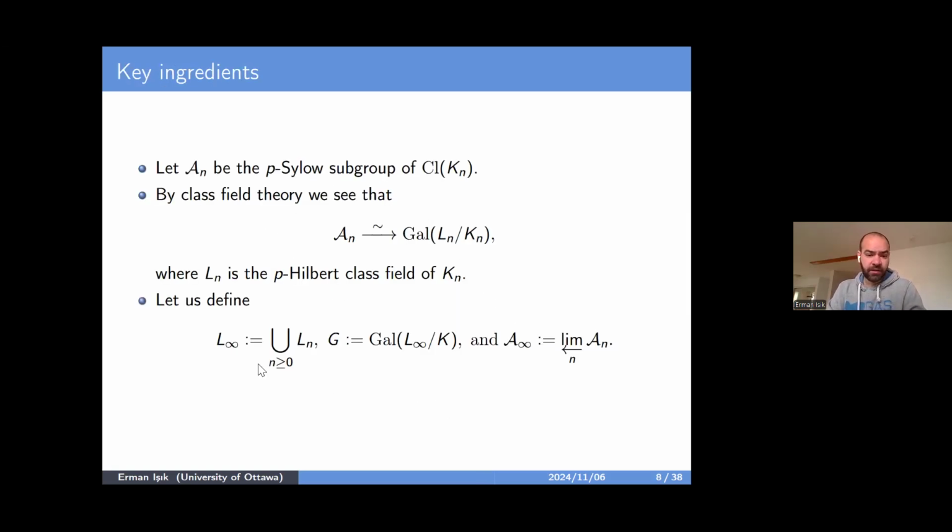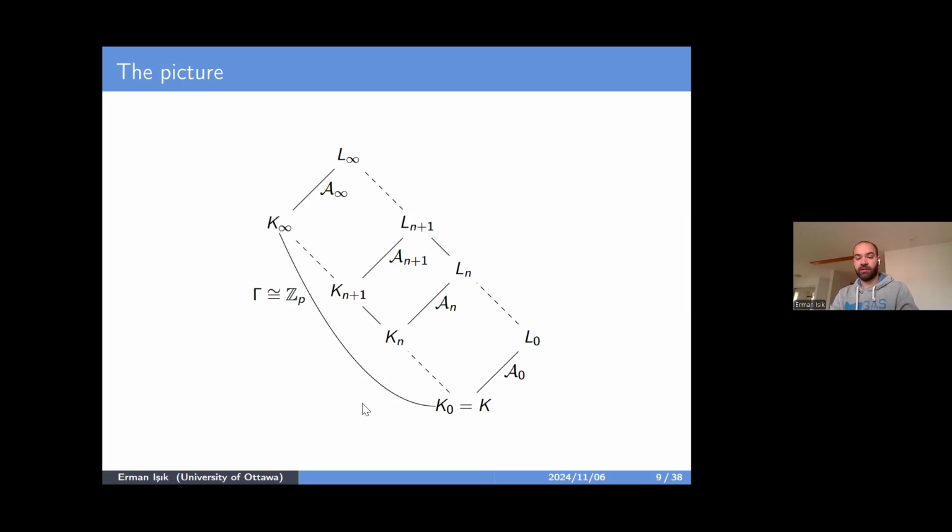If we take the compositum, the inverse limit, and define the Galois group, the picture will look like that. So we have our base field. Here is the Z_p-extension. And we interpreted these Galois groups in terms of p-Sylow subgroups. And we define this inverse limit.